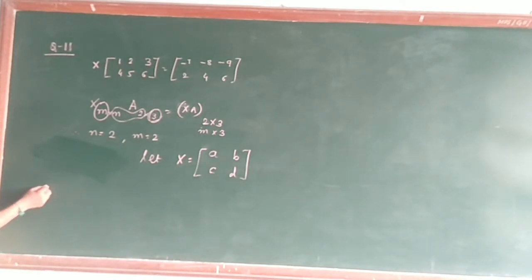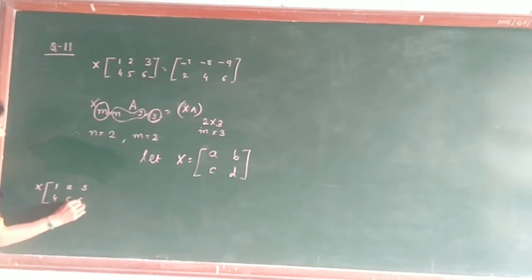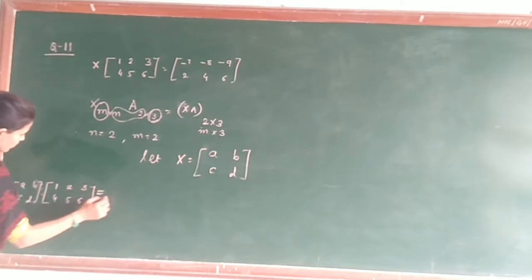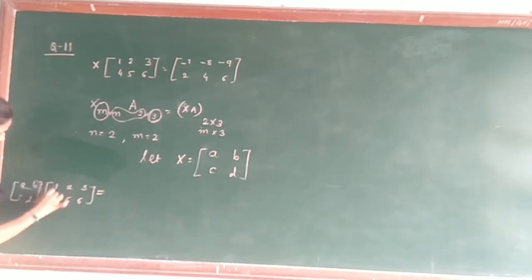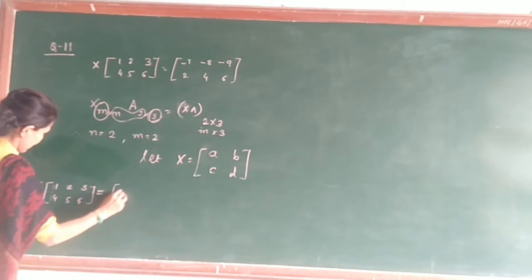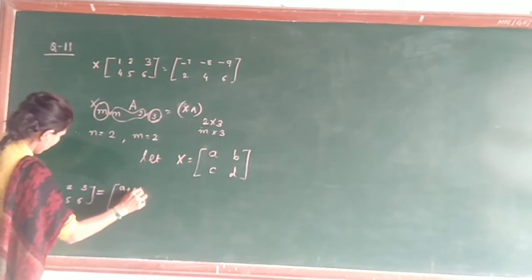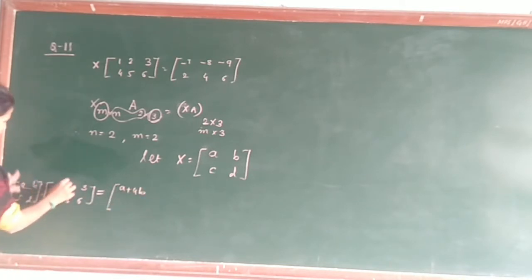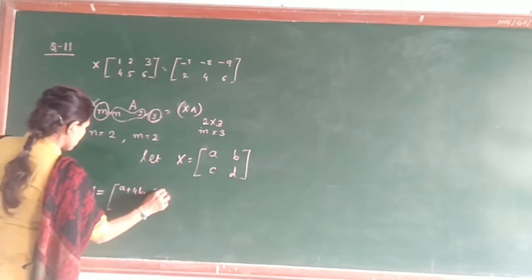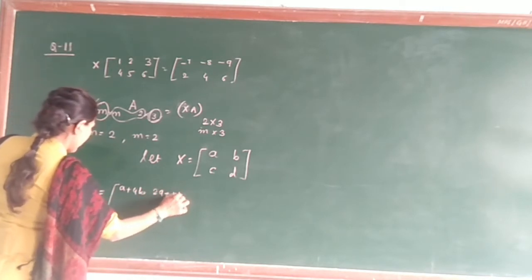So, LHS and RHS. Here I am finding first X times [1, 2, 3; 4, 5, 6]. What is your X, students? It is a, b, c and d. So what will it be? First row, first column: a plus 4b. First row, second column: 2a plus 5b.